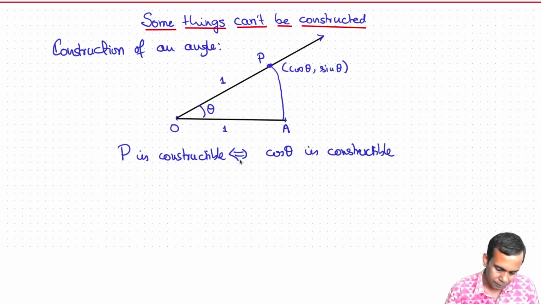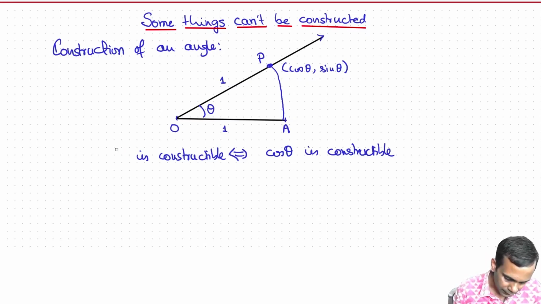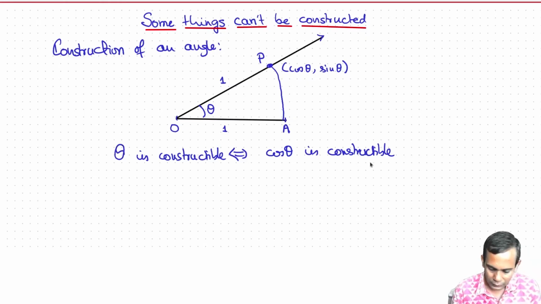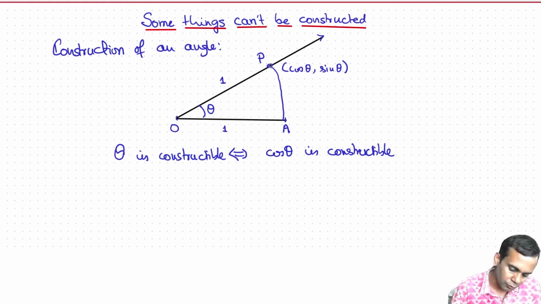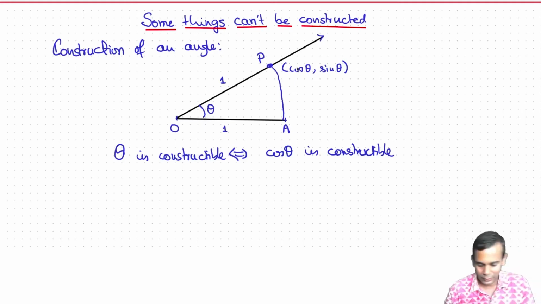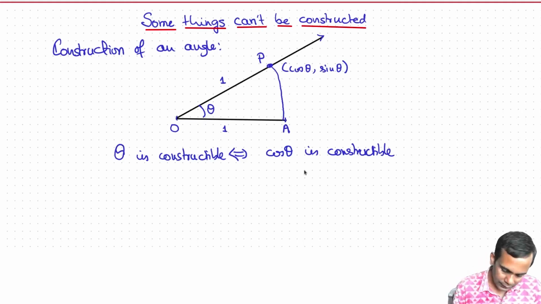So what we'll say is that an angle theta is constructible if and only if cos theta is constructible. Because if this angle theta were constructible, we'd be able to mark off a point at distance 1 along this ray, and we'd be able to construct the point P. So this is our working definition for an angle being constructible, that cosine theta is constructible.